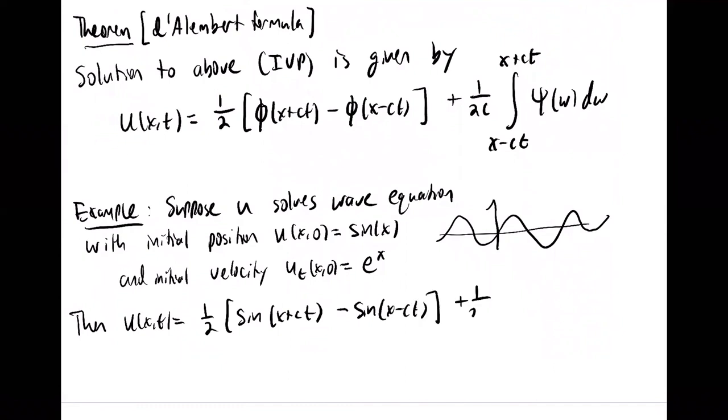And then I have the term involving the exponential, so I have the integral of e to the w dw from x minus ct to x plus ct. And I can actually compute the integral on the right. So this simplifies to, well, the first term stays the same.